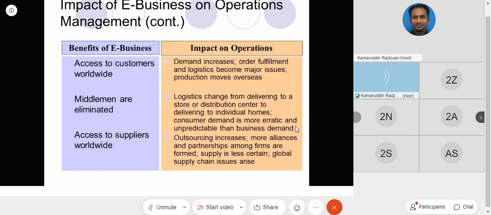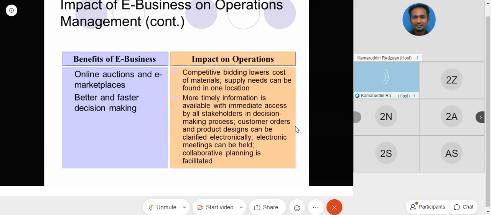Also, a benefit of e-business is that middlemen are eliminated. And we also have access to suppliers worldwide. So, all of these benefits can impact the business operation of the company.